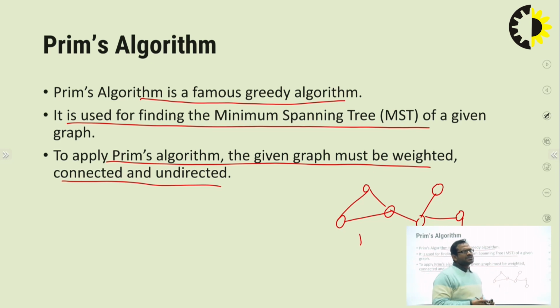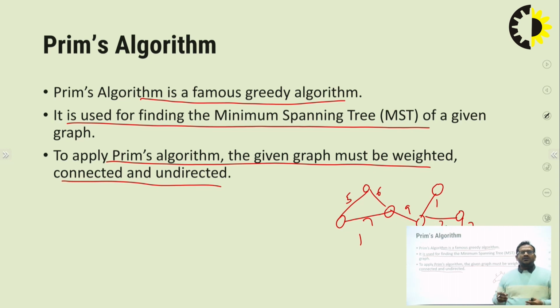So the primary condition is that if you are going to apply Prim's algorithm to any graph, the graph must be weighted, with a weight on every edge, like 5, 6, 7, 9, 1, 2, 7. The graph must be connected, every node connected to each other, and the graph is undirected. There is no direction in the graph.